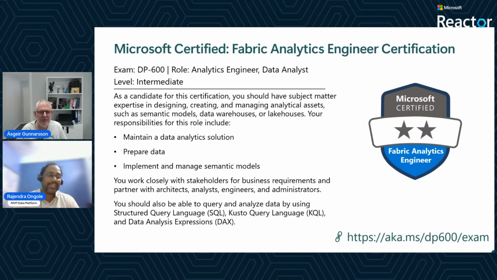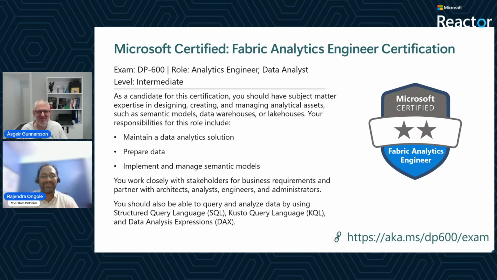Again, the level of this certification is not fundamentals. It is subject matter expert level, where you are going to manage, design, and create everything, like whatever activities we as analysts have to perform on the analytical assets you are going to work on. So the path should be something like 300, after that the 600, and then take it forward to the next level, like 700 and so on, 800 also.